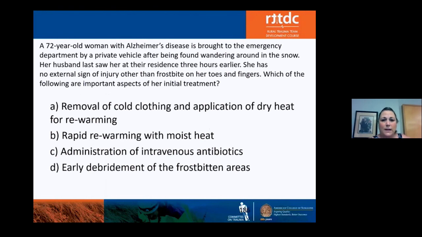Okay, we'll go ahead and close out that question. So when looking at the review of this question, which of the following are important aspects of her initial treatment for this patient? When I first looked at it, I was thinking of hypothermia when I read the first part of the question.